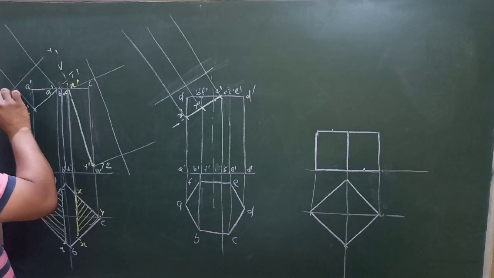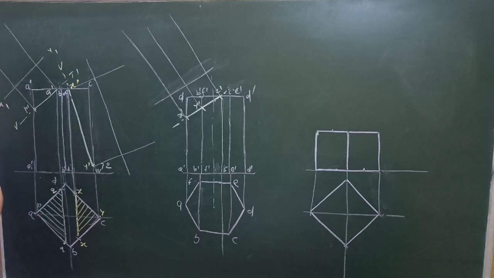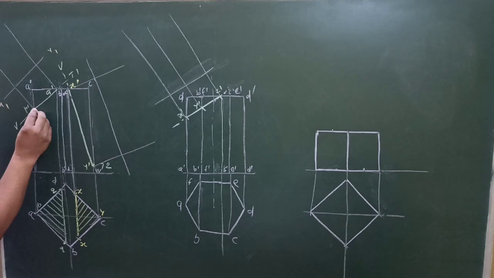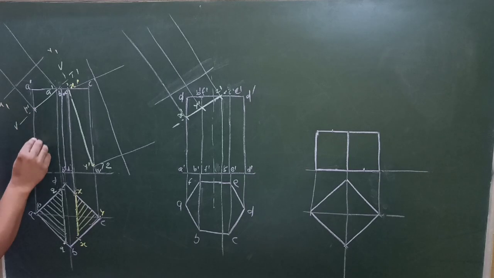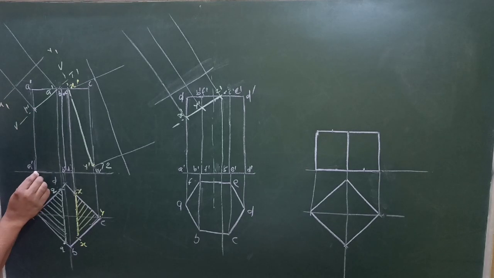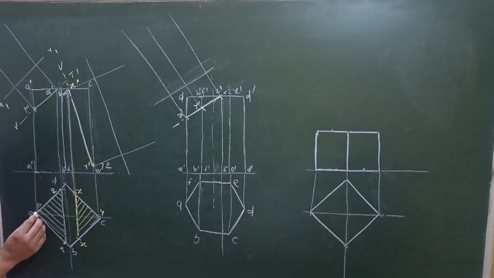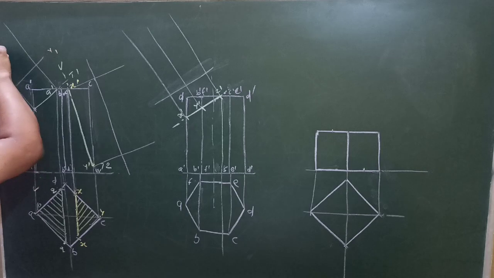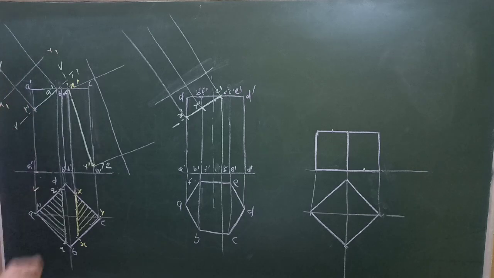Take two perpendiculars on this line x1 y1, and you have to cut distances on this line, taking distances from the respective point from the top view. So when we cut from here to some distance, you have to take distance from the point P in the top view. So P from XY line. So from here to this point, this distance will be cut on this line. Say this is the distance. So this is P.